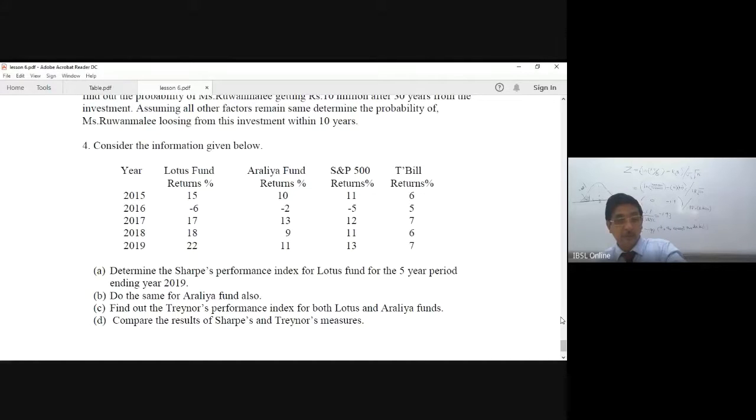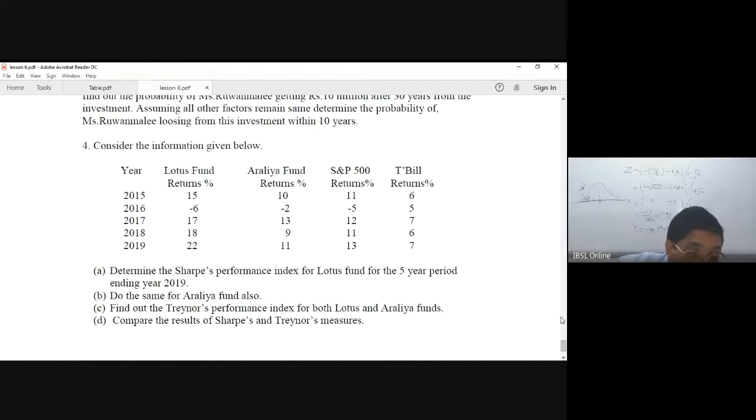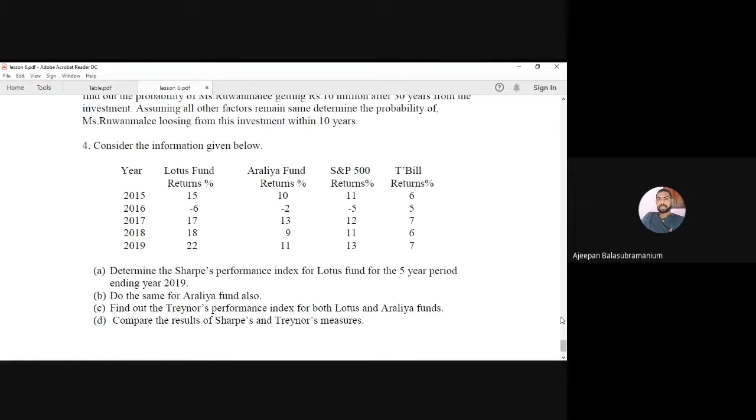Now when you have 5 readings, how are we going to reduce it to 1 reading? We should calculate the arithmetic mean. Pardon? We should calculate the arithmetic mean. Yeah, you can.